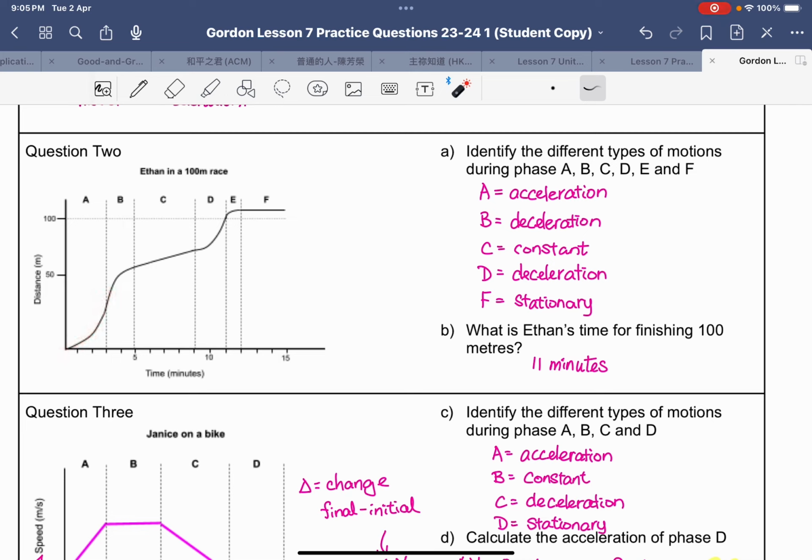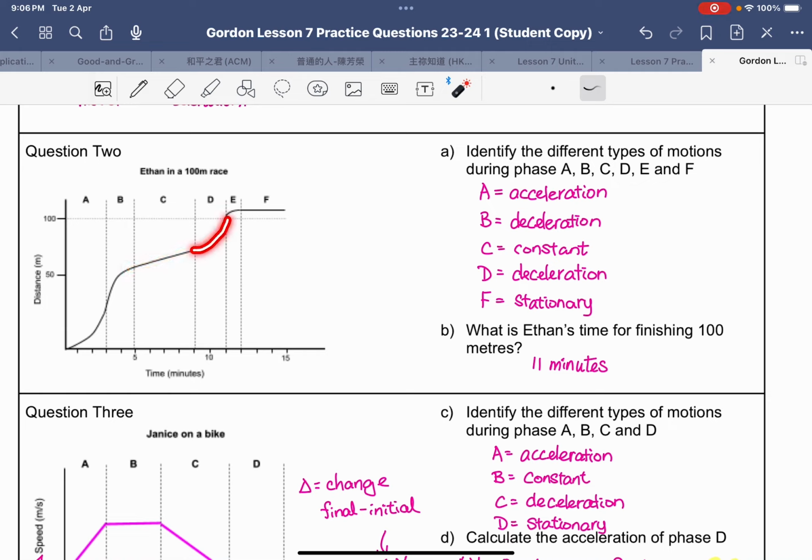And then this one is deceleration because it was covering more distance at the beginning, but then as time goes by, it's covering less distance. And this right here is a constant speed. It means that the distance being covered per unit of time is maintained consistent throughout this journey.